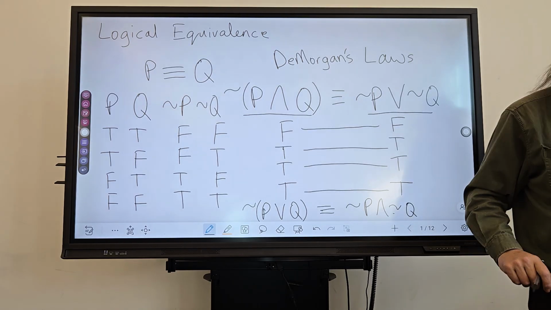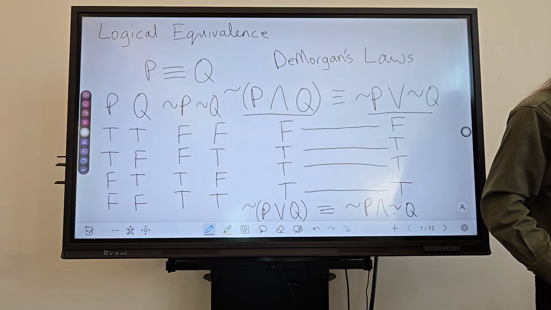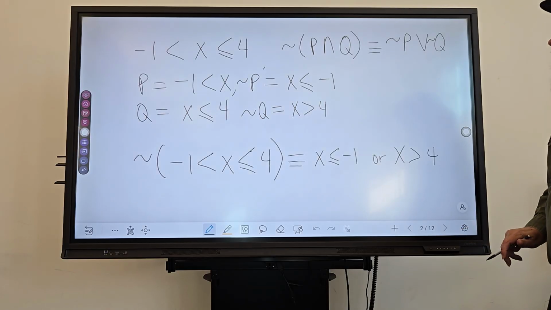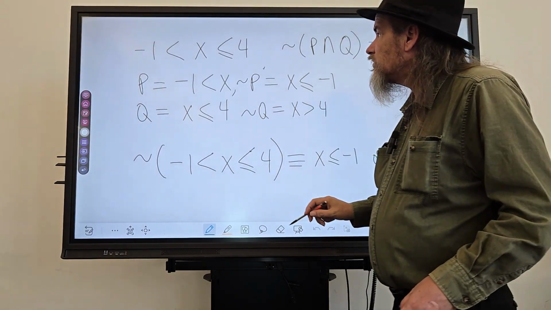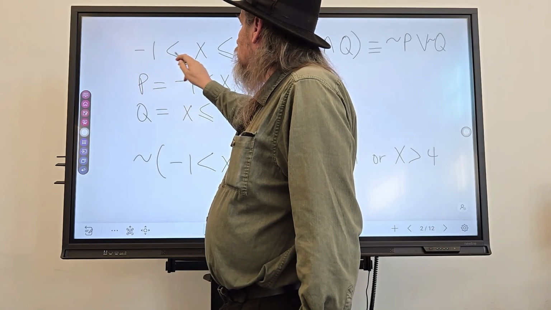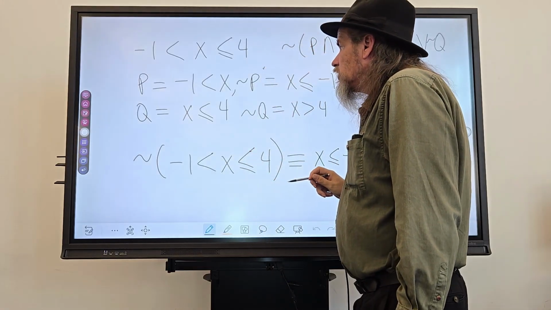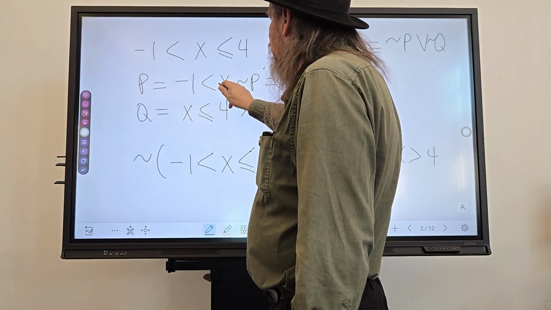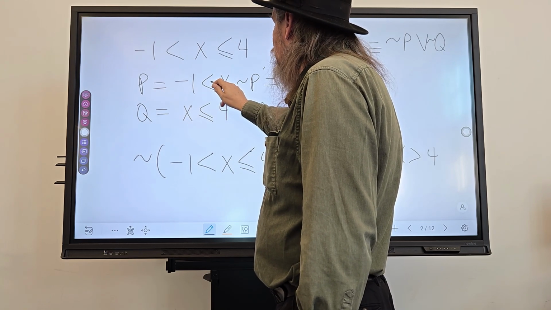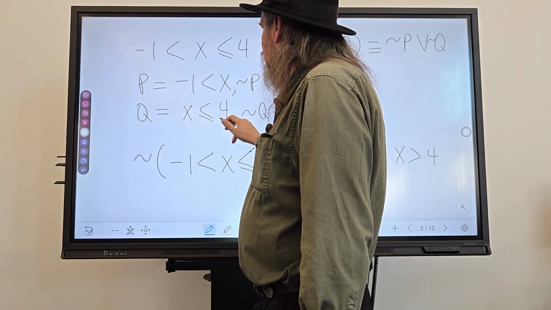Going to use a little bit of an example here. If you have the statement x is greater than -1 and less than or equal to 4, you can make P equal x is greater than -1, and Q, x is less than or equal to 4.